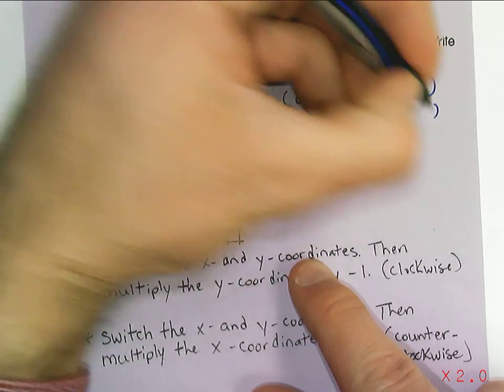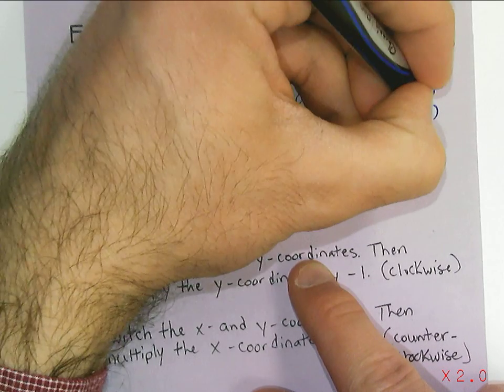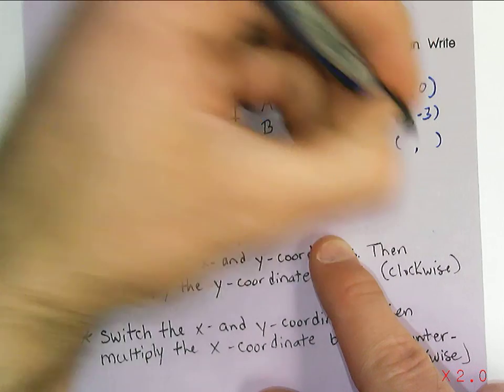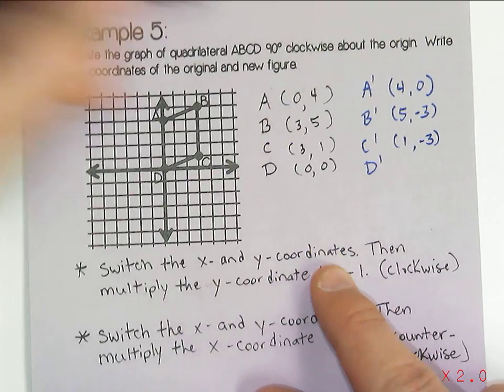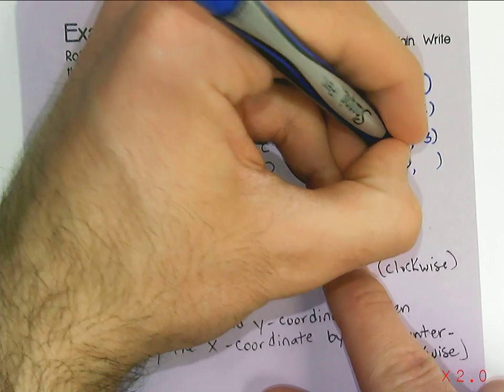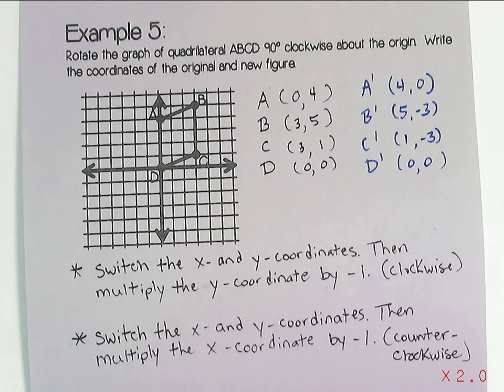This next one would be 5, and then switch the sign of the new y, which would be -3. For C prime, it would be 1, -3, because that's positive. We just switch the sign or multiply by -1. And then D is just 0, 0, because we switch the zeros, they're the same, we multiply by -1, it's still 0.